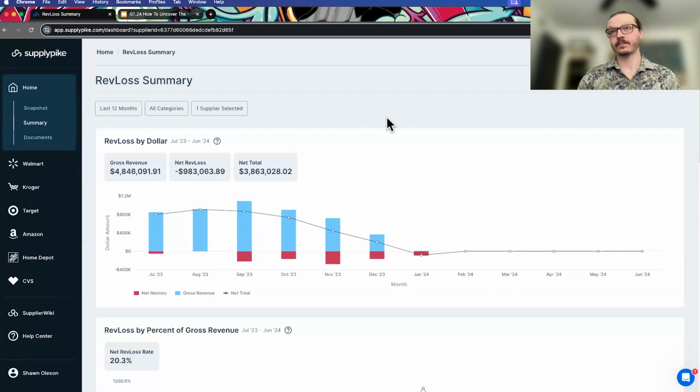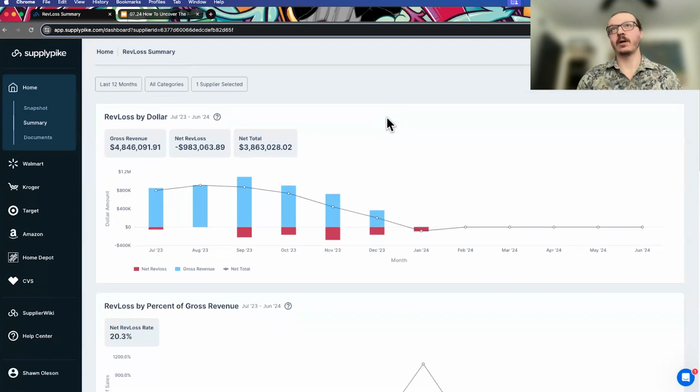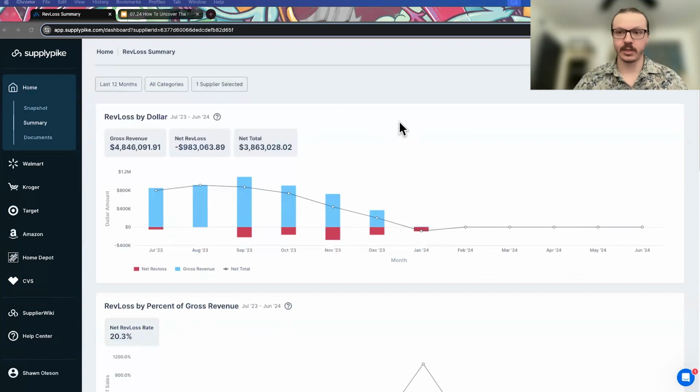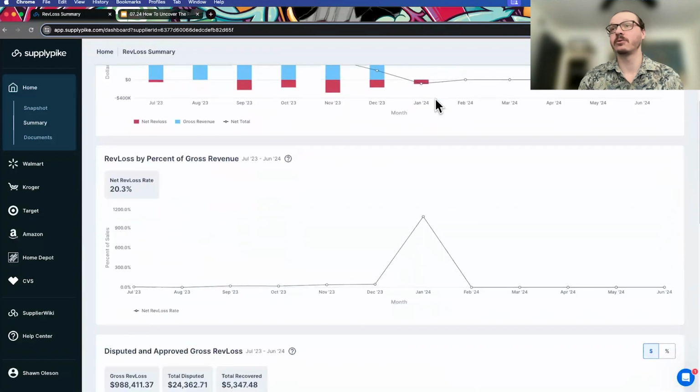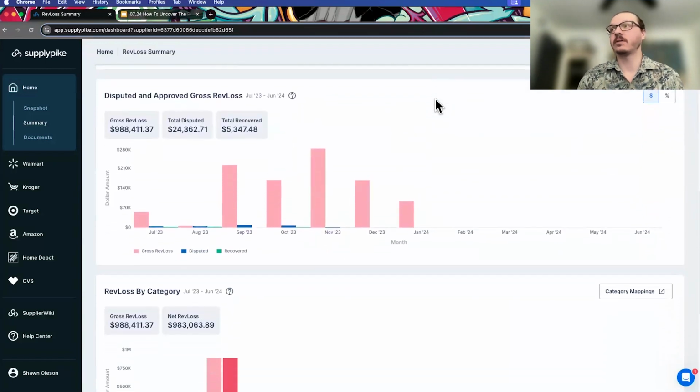From a high level, what we're trying to do is provide visibility, validation, and actionability, as well as insights and root cause analysis into deductions for any and all retailers, including the likes of Amazon, of course, as well as Walmart, Kroger, Target, Home Depot, and CVS. What we're able to do is ultimately categorize deductions across all of these retailers into specific rev loss buckets.